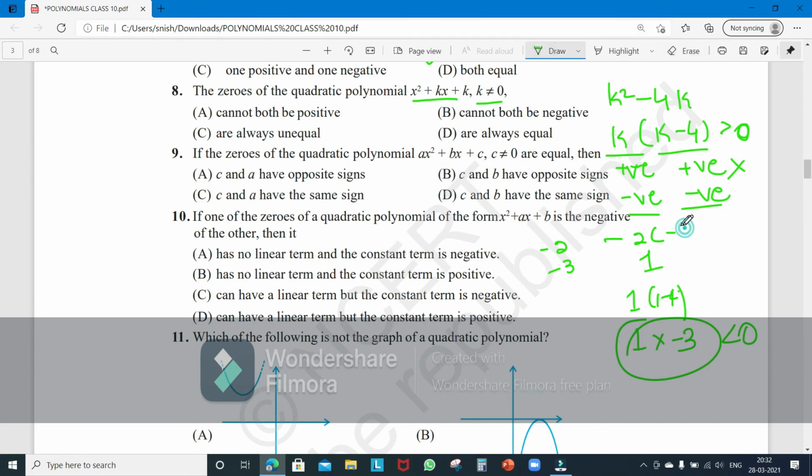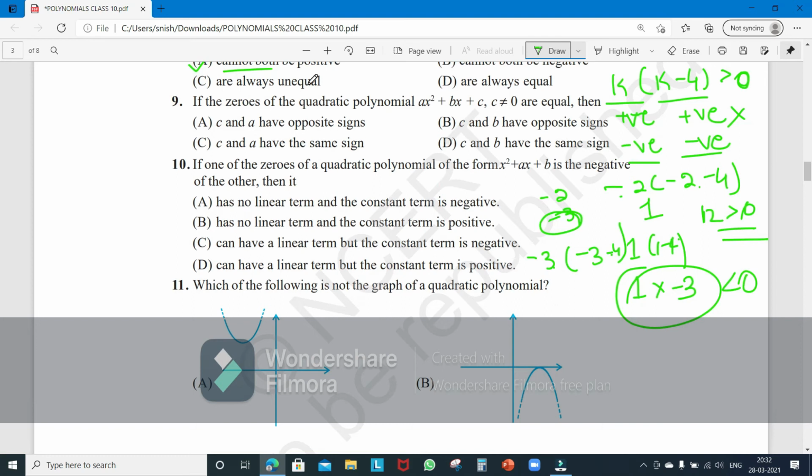Minus 2 minus 4 is minus 6, minus 2 into minus 6 will be plus 12, so it's becoming greater than 0, definitely. So if you take minus 3 also, minus 3 into minus 3 minus 4, again minus into minus you'll get positive. So both cannot be positive, both can't be positive is the conclusion. That's it. I hope you have understood it.